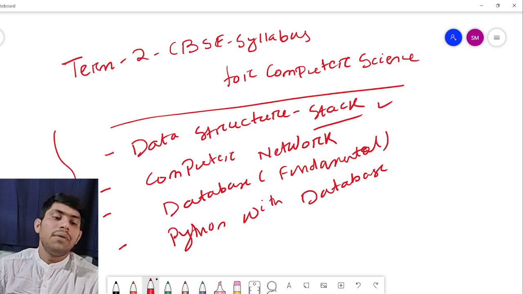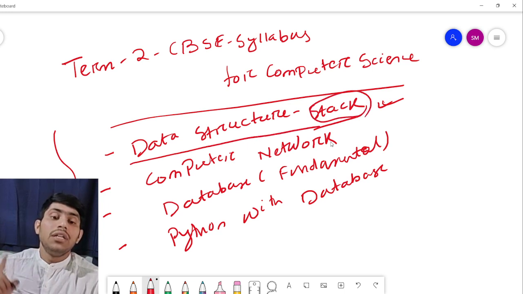So in your term two syllabus, in these chapters we are going to read how the data structure part, how the stack will be implemented, and the second one is the computer network concept, third one is the database concept, then the fourth one is how we can connect Python with database. That means whatever Python programming runs, the database will merge with it.